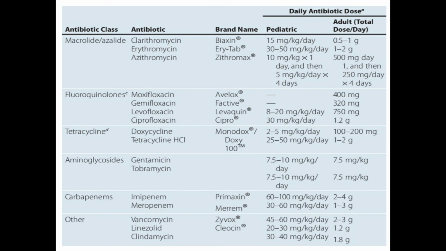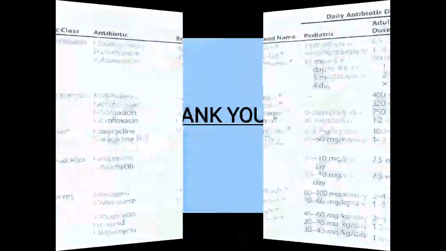Tetracyclines such as doxycycline, tetracycline hydrochloride are also used. Aminoglycosides such as gentamicin and tobramycin are used. Carbapenems such as imipenem, meropenem are used. And other antibiotics such as vancomycin, linezolid, and clindamycin can also be used for the management of bacterial pneumonia.